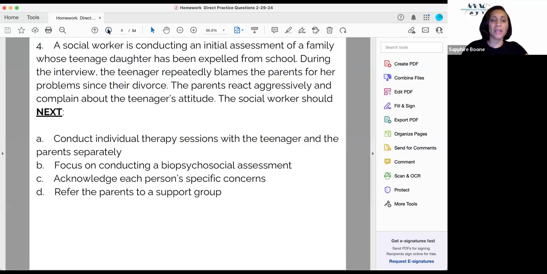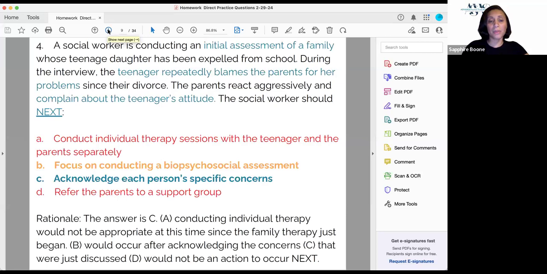And typically when we start with family therapy, we want to get everybody's perspective on that issue. The answer is C, acknowledge each person's specific concerns. Okay. I think we're on a roll.